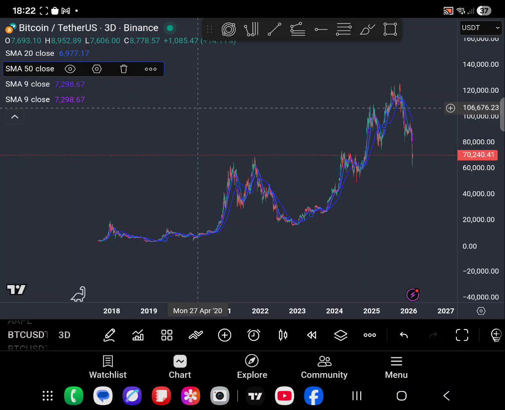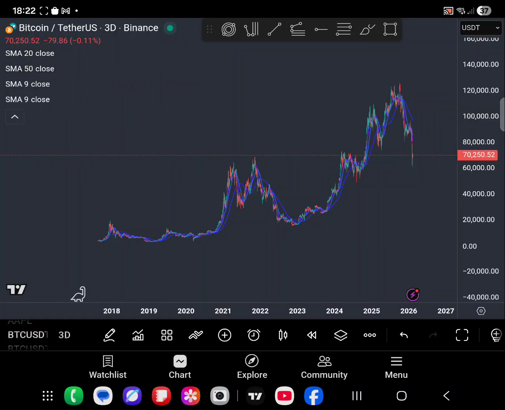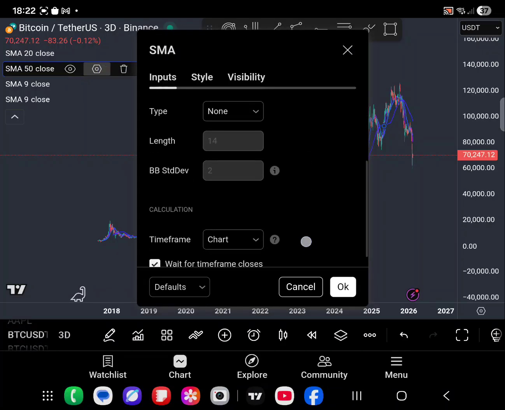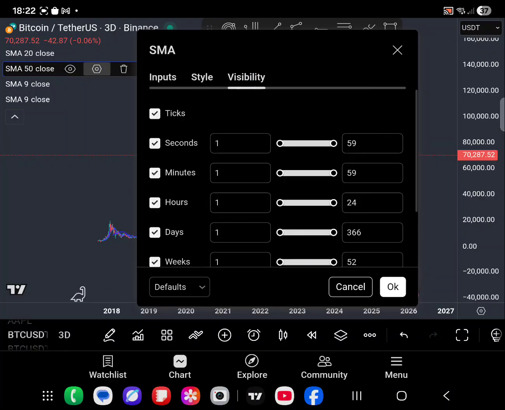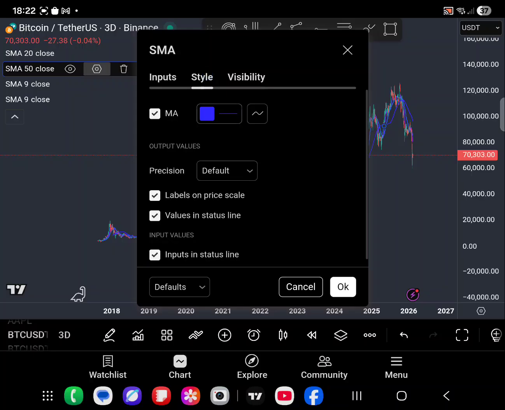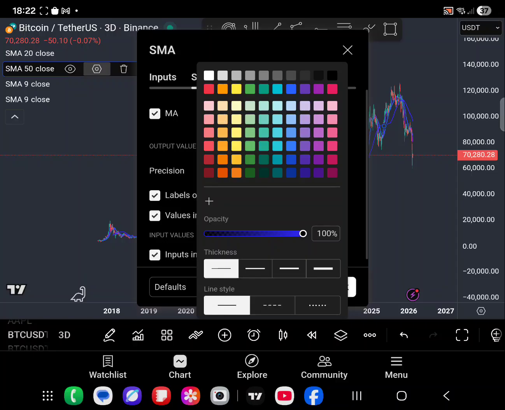I need to change the color on these as well. I'll keep the 20 as blue, and for the 50, I don't know, green, that'll do.